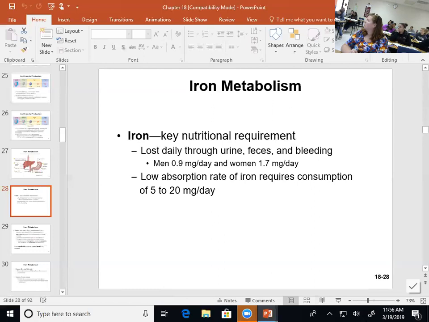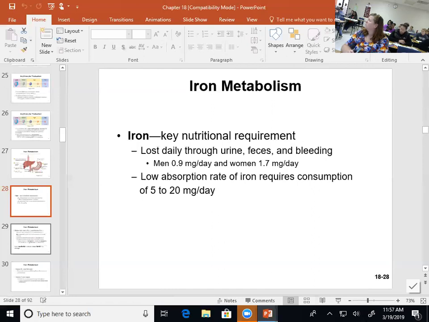The fact is this: iron-rich foods are supposedly a much better way to take in iron than any other way. Spinach, what else has iron? Liver and all those things. But there are a lot of vegetables that actually have iron. But here's the thing.